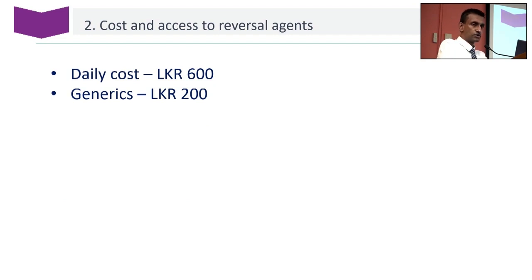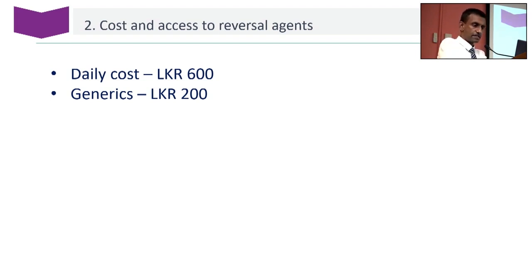Now, this usually probably comes right at the end in any discussion about choosing a DOAC, but in our context, right now it comes at the top because it is not available in the government sector as far as I know, but probably will be soon. So the cost is about 500 to 600 rupees for the original brands of apixaban and rivaroxaban.